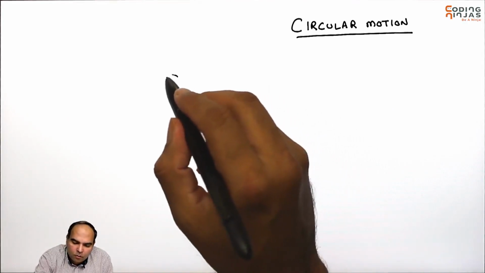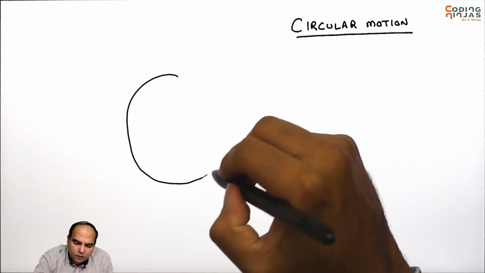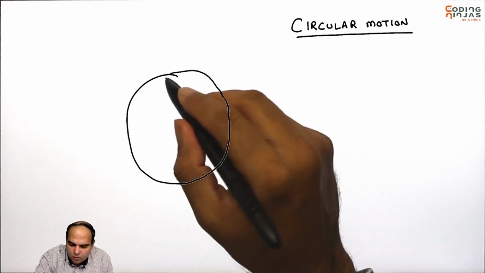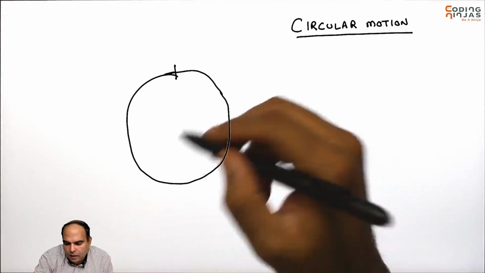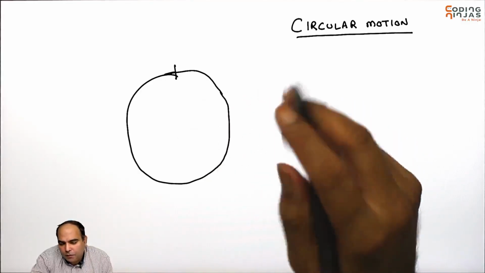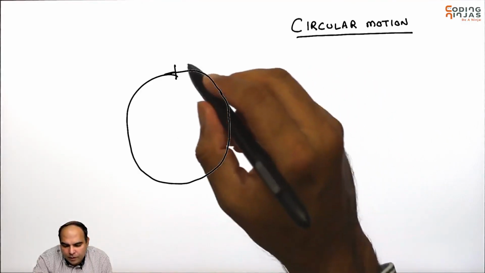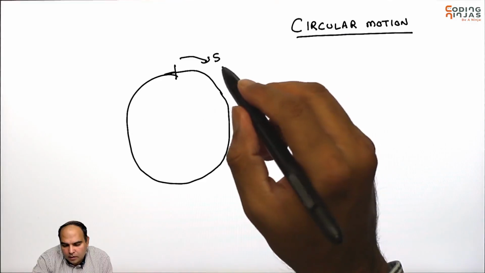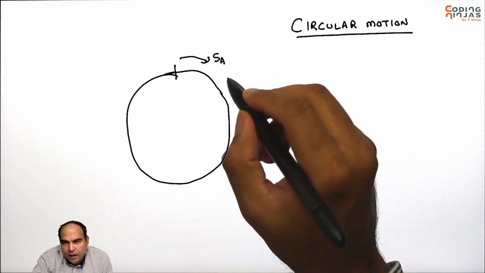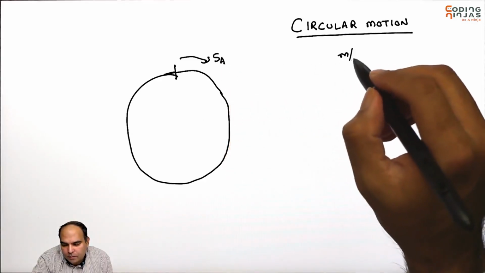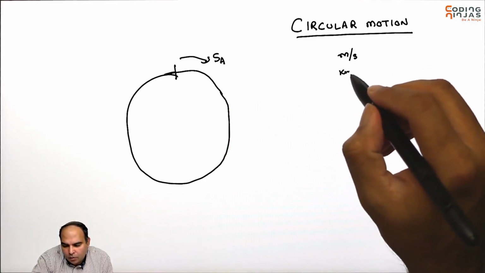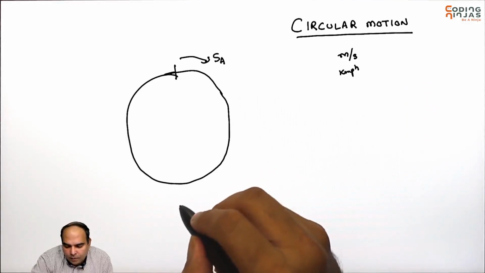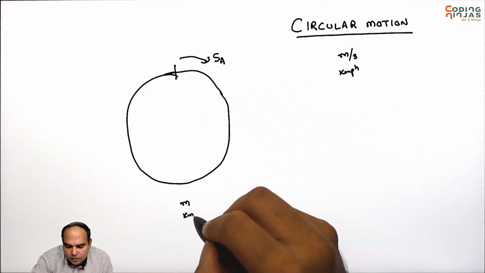When you talk about a circular motion question, there are 4 variables inside it. First, of course, the speed at which someone is traveling. Let's say a person A is traveling at a speed SA, which can be measured in meters per second or kilometers per hour, based on a circumference in meters or kilometers.